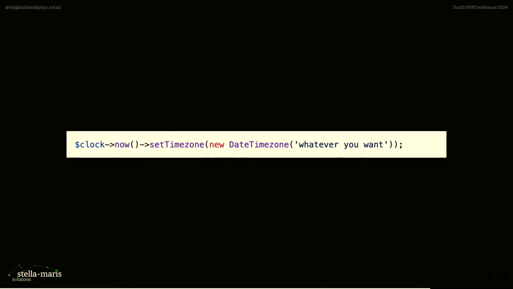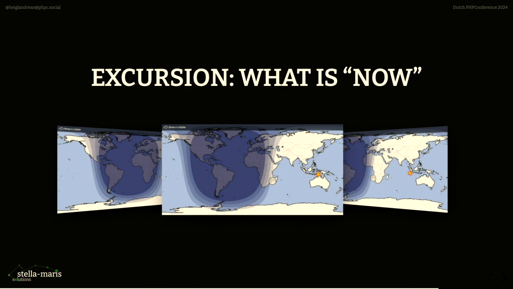Because if you get now, if you get the datetime object, you can set the time zone on that. The time zone that you expect your clock or your datetime object to be in. Because what does a time zone say? It just tells me where you are observing your time currently.